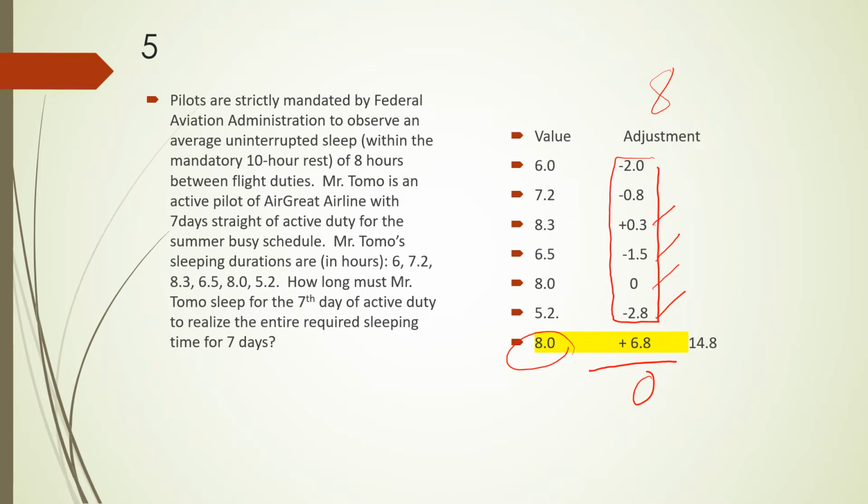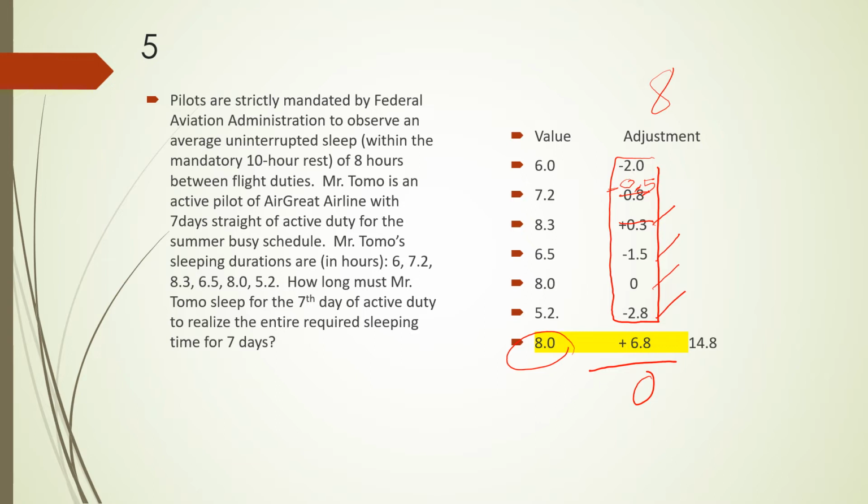So what we do is the positive 0.3 will be taken out from negative 0.8, understanding that negative 0.8 plus positive 0.3 will be negative 0.5, and all the rest are negatives.